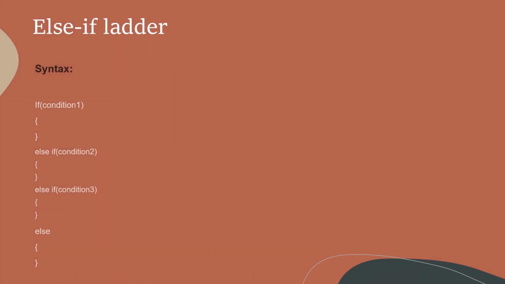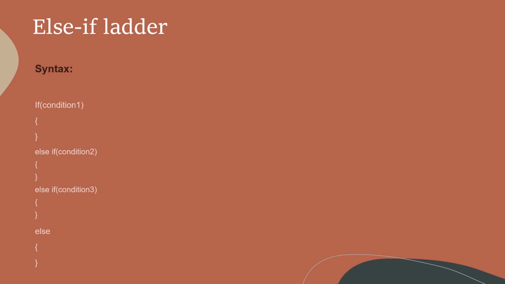Next, we have else if ladder. Else if ladder is again a variation of the if else statement. If you look at the syntax, you will see that we have an if condition, and then we have else if, and then we have else.